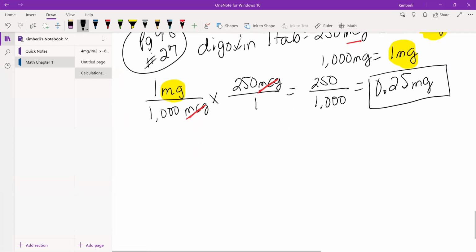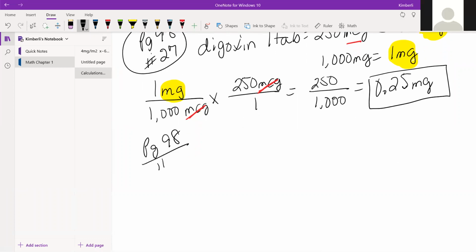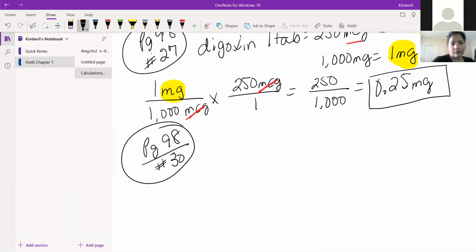Okay, now let's look at page 98, number 30. And the problem says a physician orders 1,500 milligrams of cephalexin.